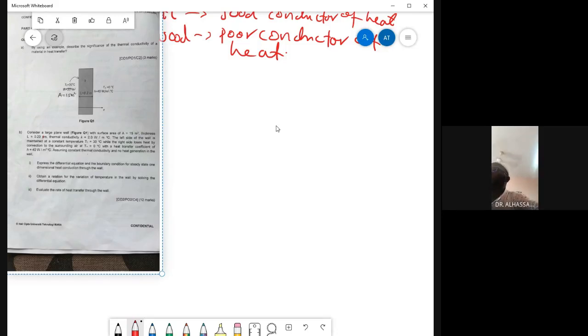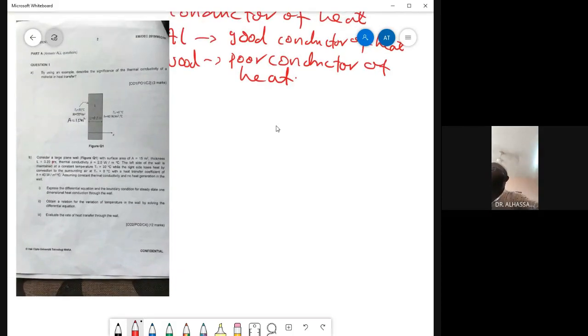So we have a plain wall like this, whose surface area A equals 15 centimeters square, right?